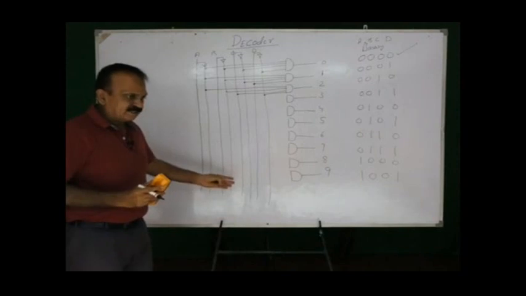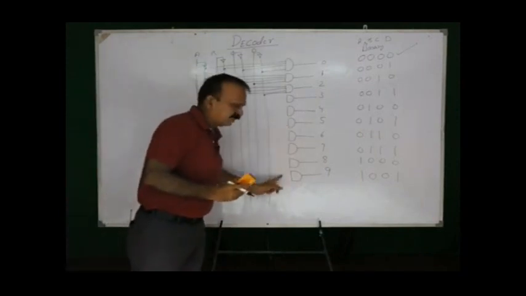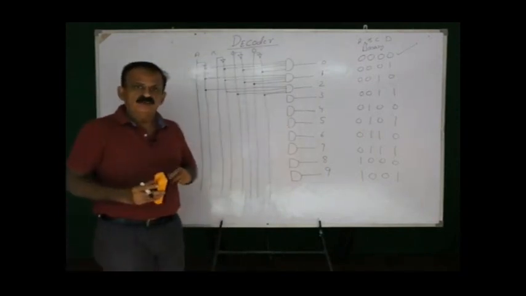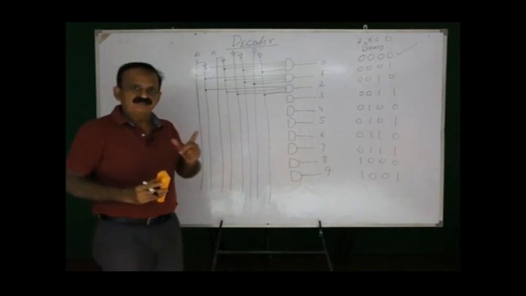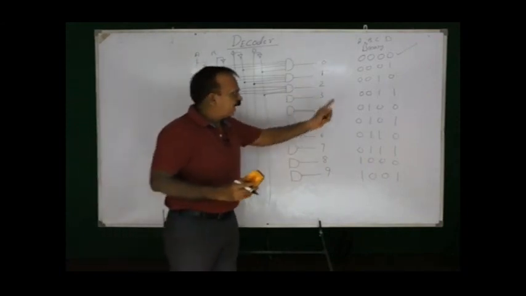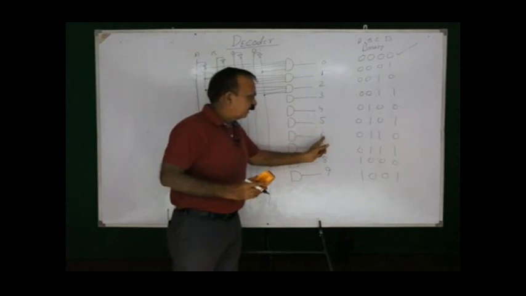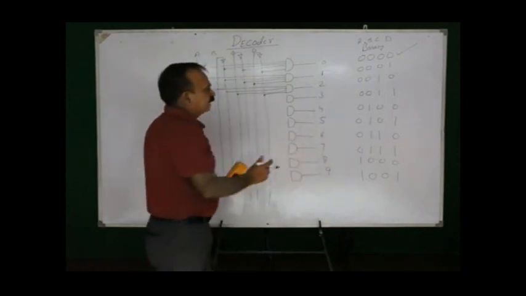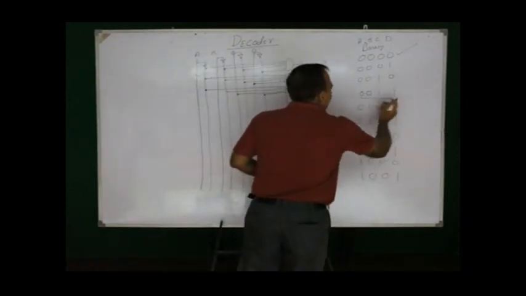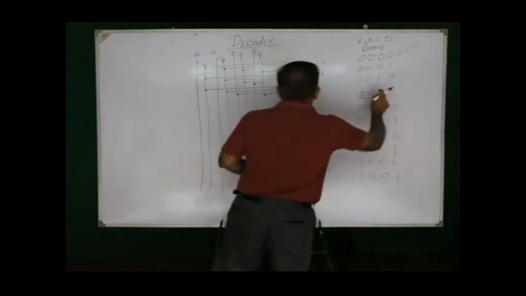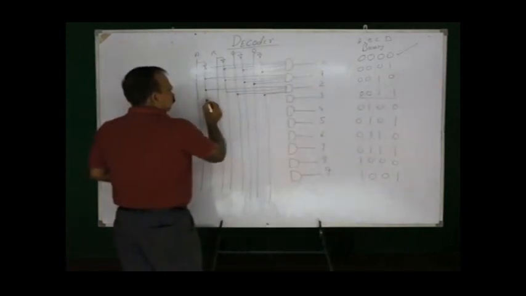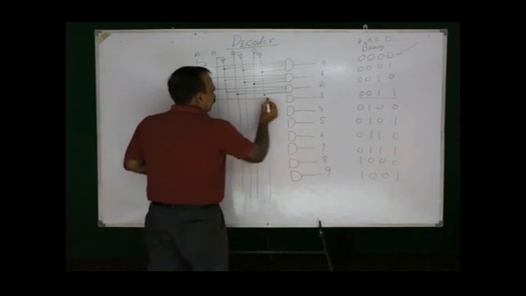All these gates, the inputs of these gates will be connected to the fundamental product according to this binary number whose decimal equivalents are given here. Like 3, I think A bar, B bar, C and D, it will be connected to A bar.